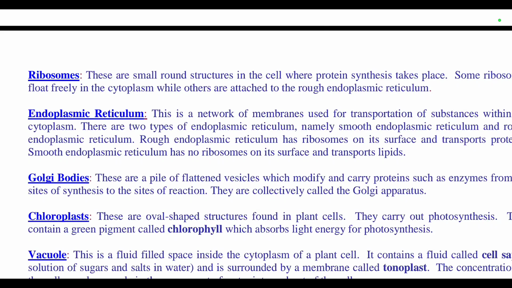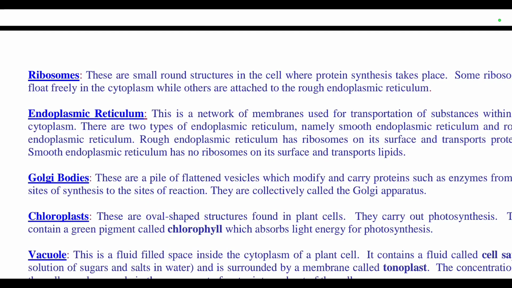Now, what is the endoplasmic reticulum? An endoplasmic reticulum is a network of membranes used for transportation of substances within the cytoplasm. There are two types, like I mentioned earlier.